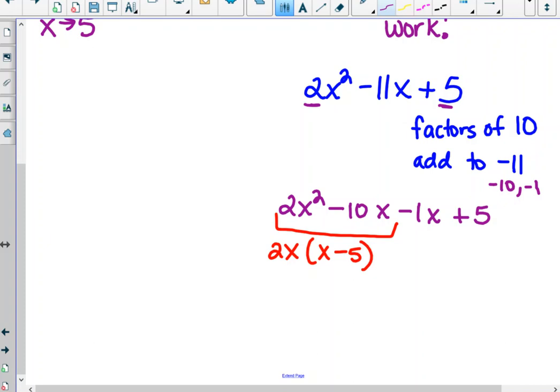The 2x divided out of the 2x squared just leaves me with an x. If I multiply that times that, I get right back here. A 10x, the 2x taken out or divided out of that. 10x divided by 2x leaves me with 5. So these two pieces factor like that. These two pieces have to do something similar.